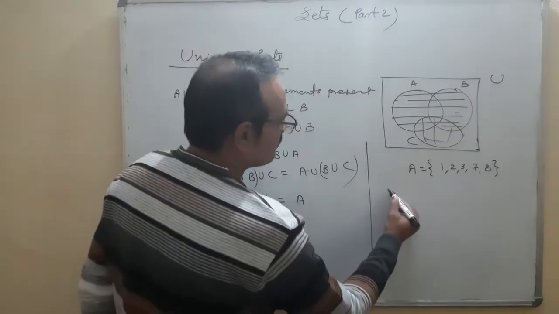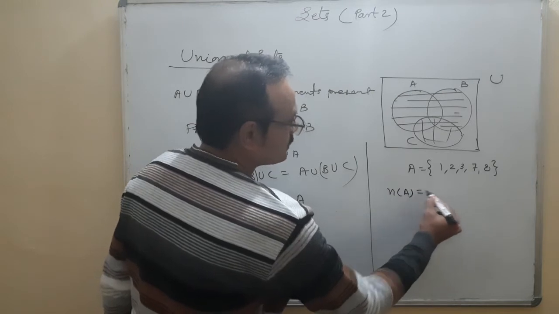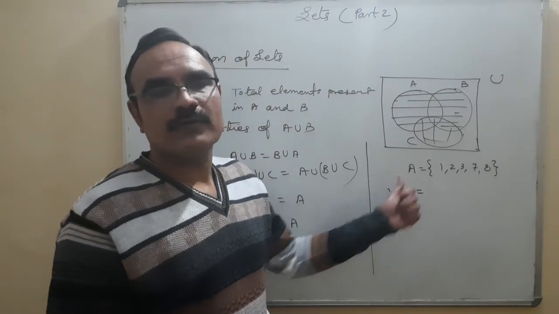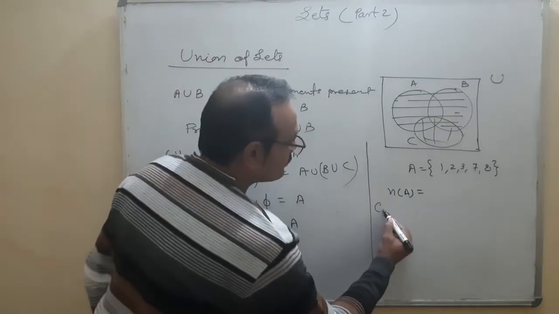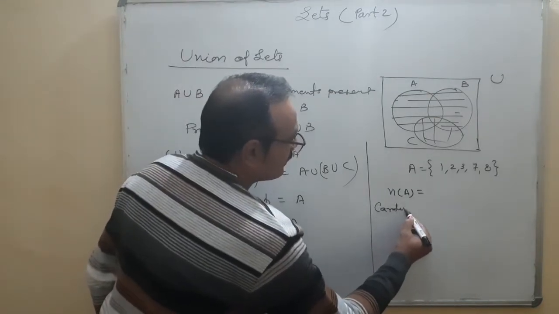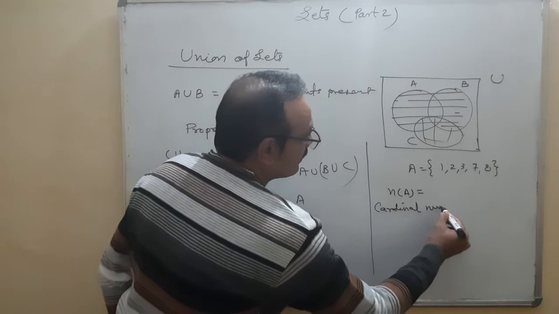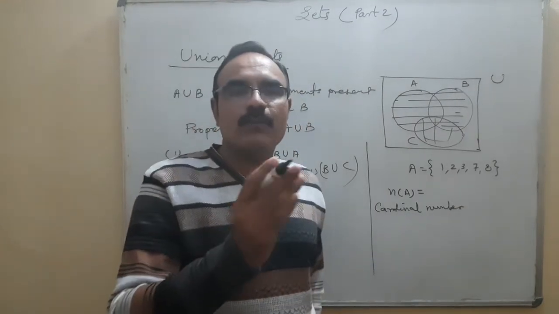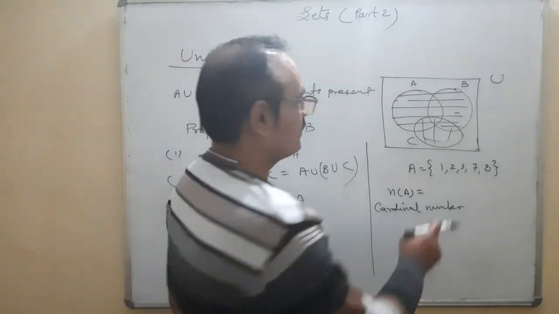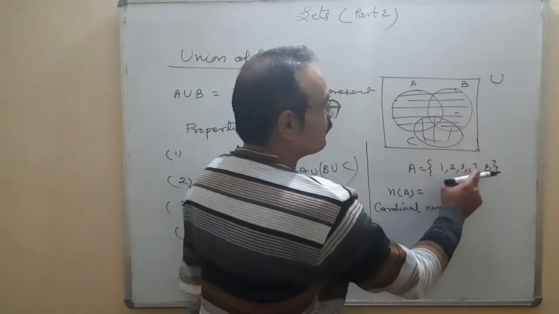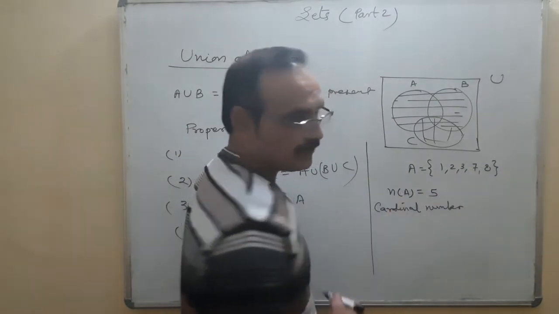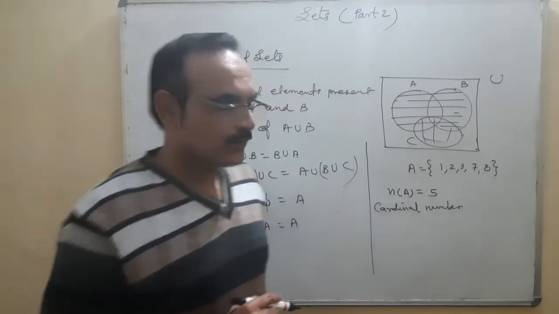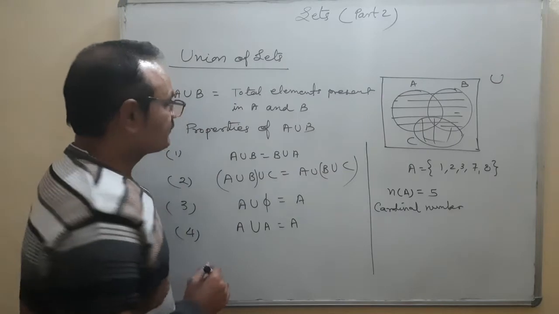If I use the term n(A), what is the meaning of it? n stands for cardinal number, that is, the number of elements present in it. Number of elements: 1, 2, 3, 4, 5. So n(A) is equal to 5. This is the meaning of n(A), cardinal number of elements. Will you remember it?